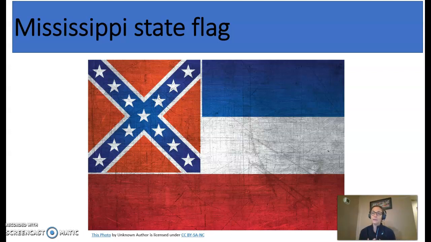So in the summer of 2020, after many weeks of protests and a strong, growing Black Lives Matter movement around the country, there was renewed effort in Mississippi to change the state flag. But this wasn't up to all the individual people by themselves. It was up to the state legislature, which is made up of individuals elected by the citizens of Mississippi. We said that all legislation begins with an idea.